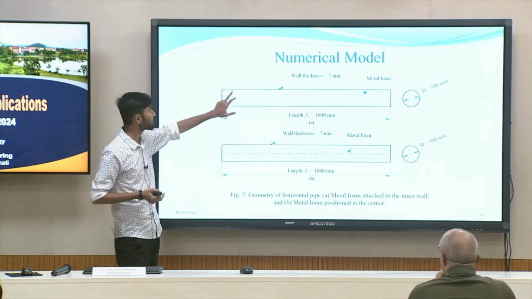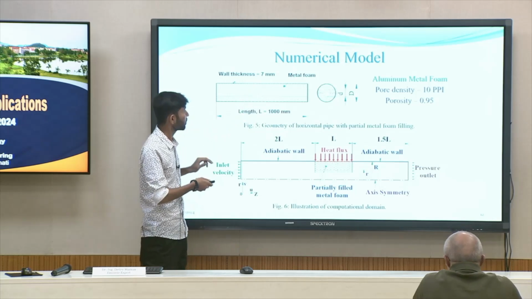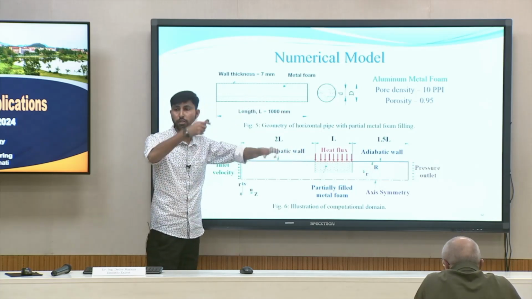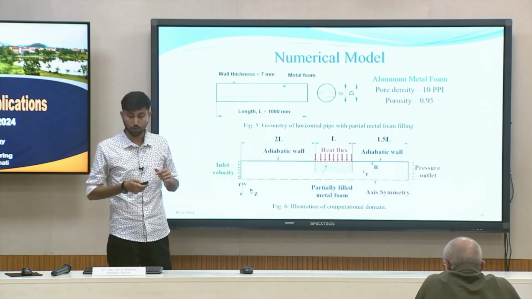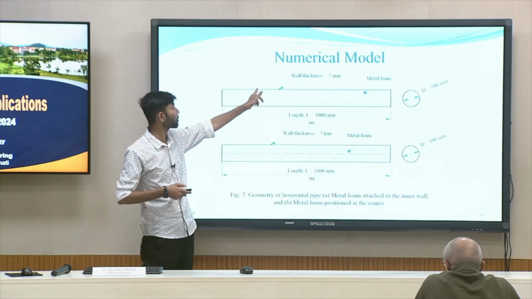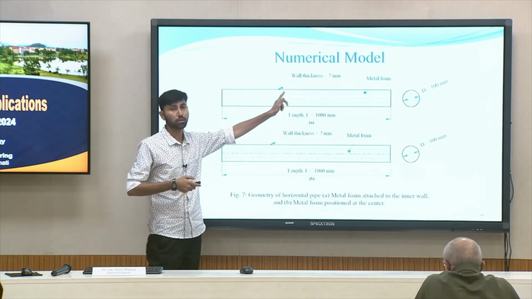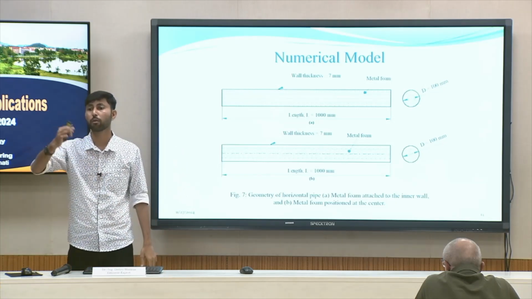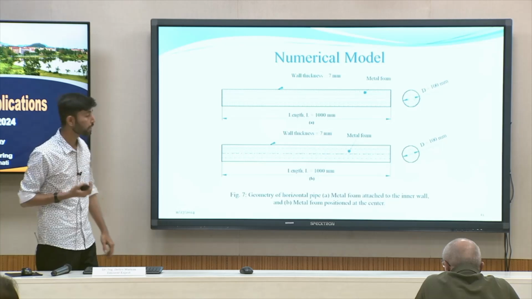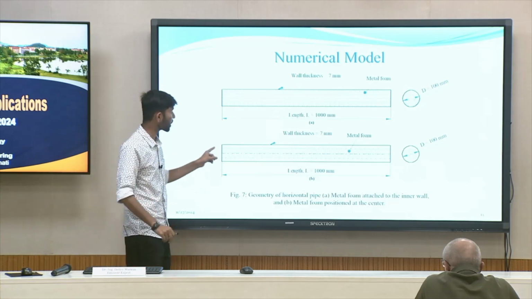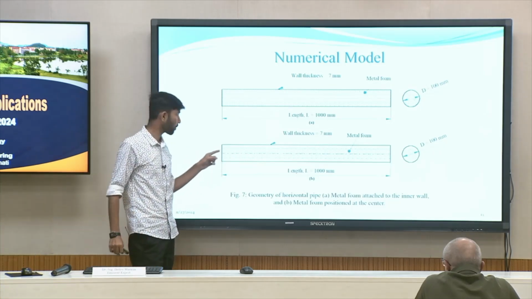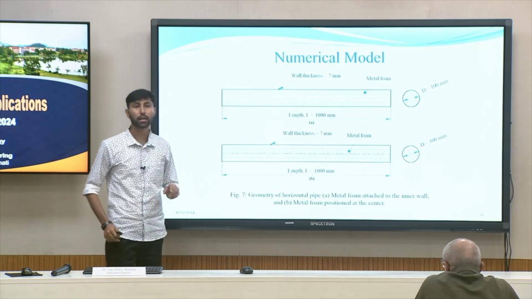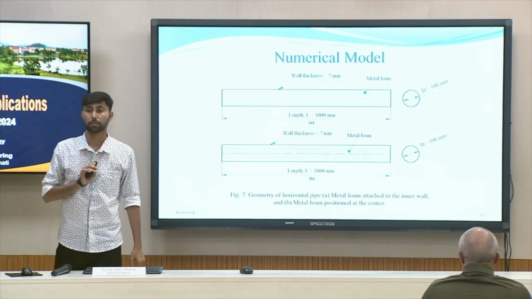The reason is that on the outer surfaces we are providing the heat. As a result, the metal foam wall absorbs more heat and it is transferred to the fluid, so more heat will be transferred. At the same time, when the fluid is flowing, you know that the velocity is higher at the center of the pipe.